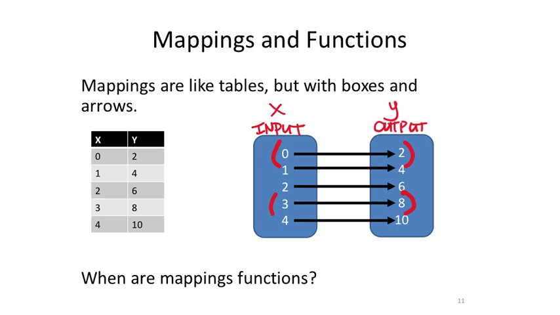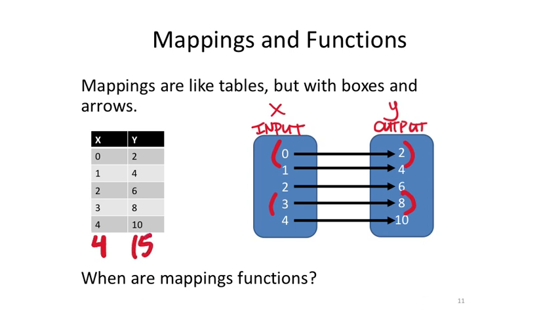Now down here it says, when are mappings functions? Let's look at this table right here. What could we do to make this not a function? Because right now it is. You just have 0, 1, 2, 3, 4. None of the x values repeat, so we know pretty quick this is a function. But if I wanted it to not be a function, I could say maybe 4 and 15.